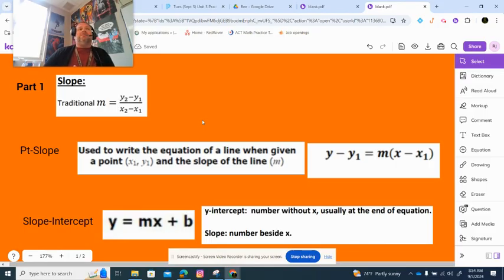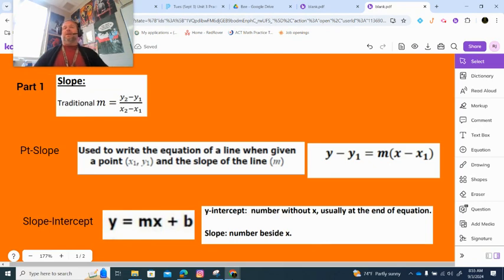Now I know y'all take pictures of my orange sheet. Y'all know that this is uploaded to Schoology later, right? Okay, but guess where all this stuff is found? Guess where I got all this information?